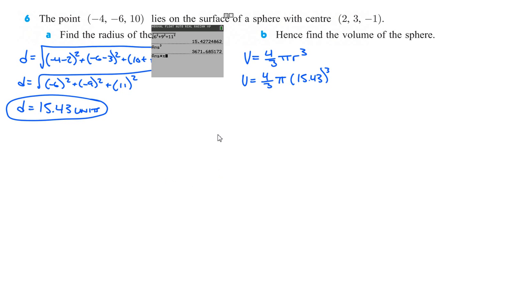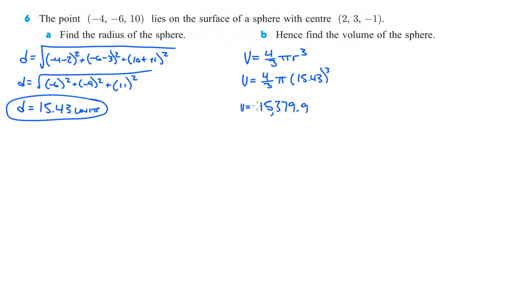There it is. Times pi times 4 divided by 3, and it gives us 15,379.9. So that would be our volume, and that would be units cubed, right? Okay.